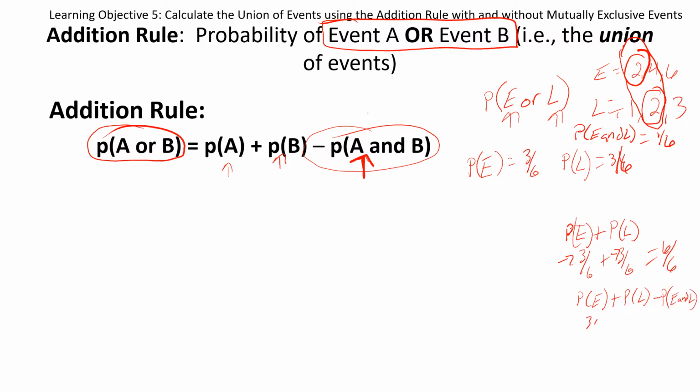That's 3/6 plus 3/6 minus 1/6, and we're left with 5/6, which if you look at it, we've got 1, 2, 3, 4, and 6. That's 5 cases out of 6.